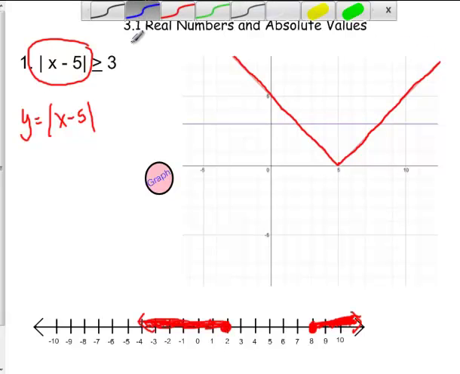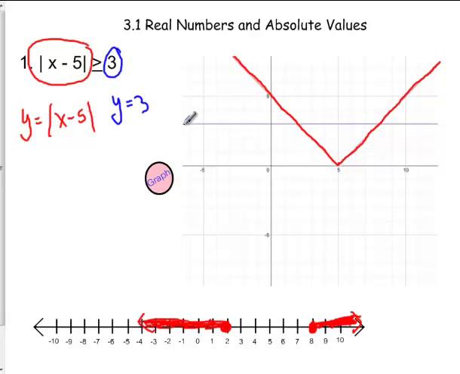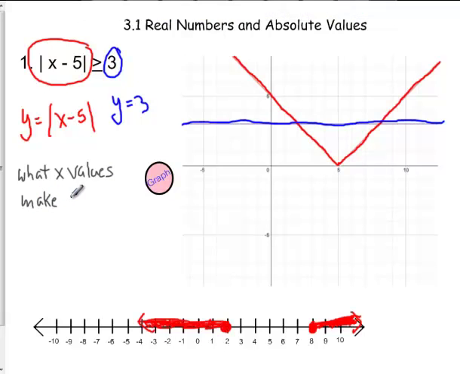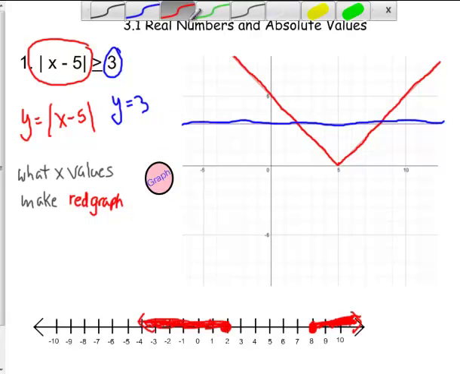Then I took the other side, and I looked at that as y equals 3. And here is the line y equals 3. Now the question was asking me, what x values make the red graph be greater than or equal to the blue graph.